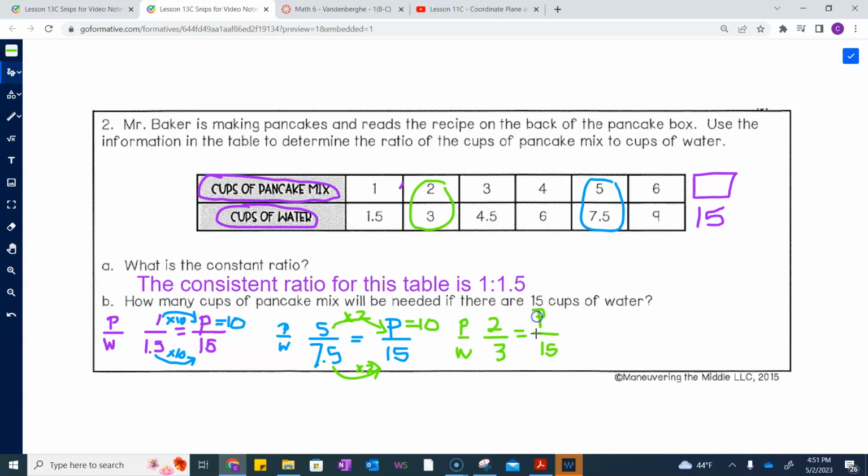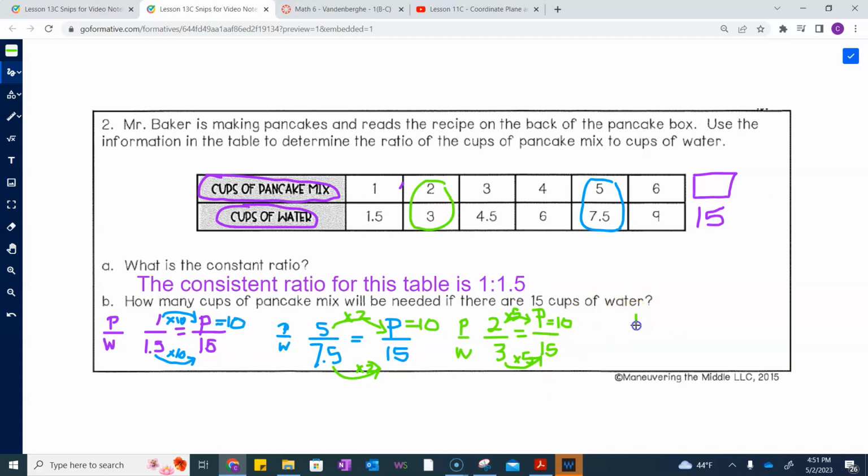How many cups of pancake mix? Well, you should easily see that 3 to 15 is scaling it by 5. 2 times 5 is 10. Since these are all equivalent fractions, it doesn't matter which one you pick. Try to pick one that makes the most sense to you, the easiest one to find, and go with it.